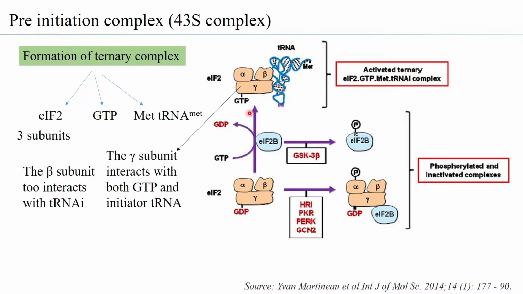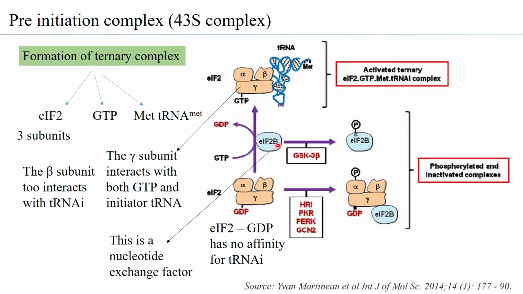Please note that the presence of GTP is important to make it active. Therefore, if you have an eIF2 complex with GDP, then eIF2-GDP does not have a good affinity for binding to the initiator tRNA, and therefore a ternary complex will not be formed. Now, here is where another molecule comes into prominence, and that is eukaryotic initiation factor 2B.